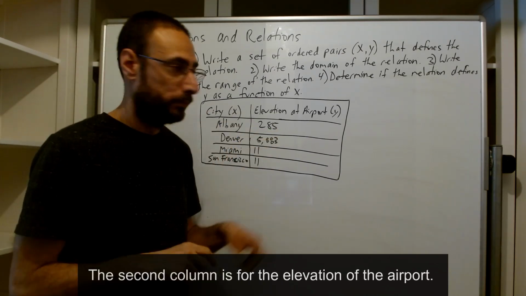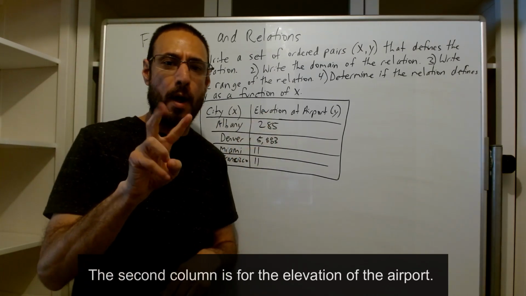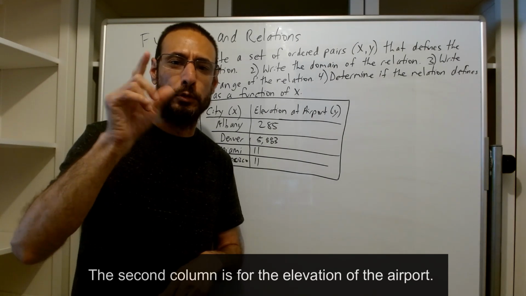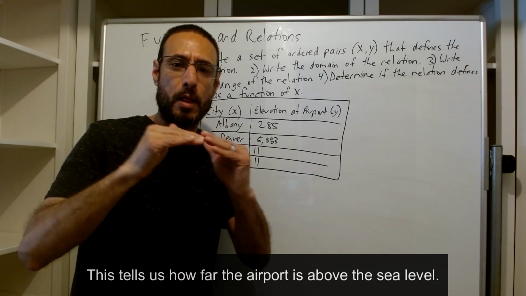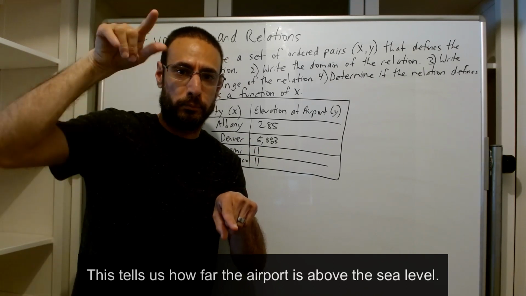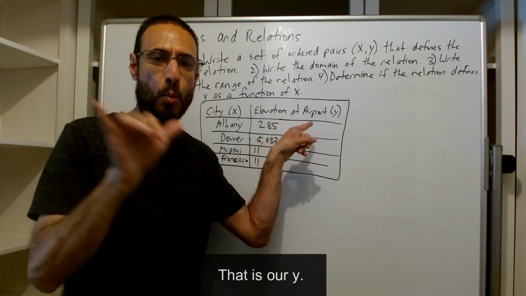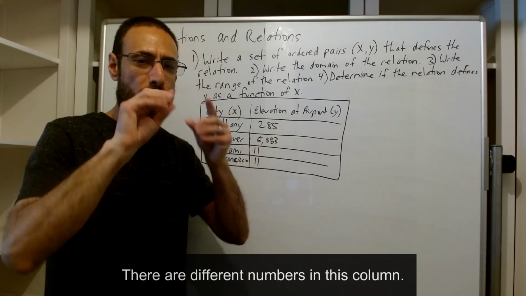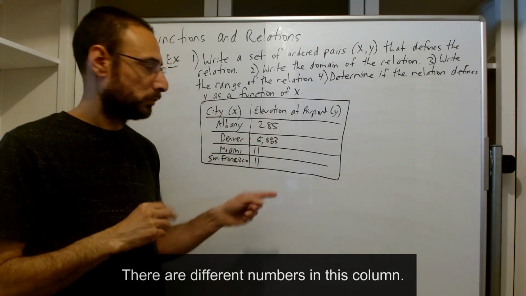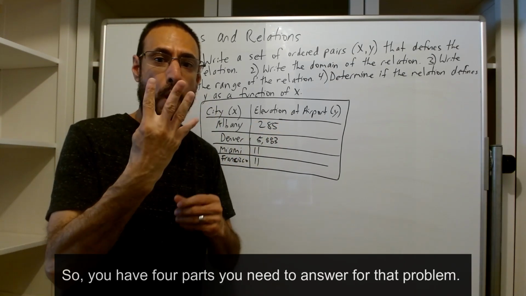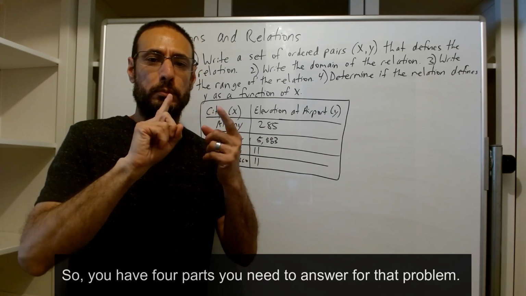The second column is for the elevation of the airport. This tells us how far the airport is above the sea level. That is our y. There are different numbers in this column. So, you have 4 parts you need to answer for that problem.